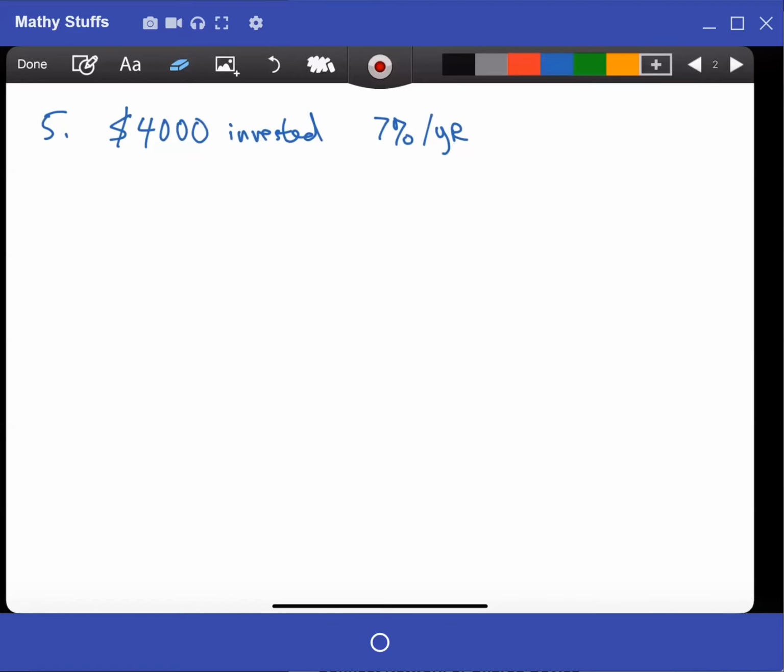So if I'm doing investment, the amount that my investment is worth at time t is equal to the initial principal invested. So here, this is my initial investment. And then that is time.